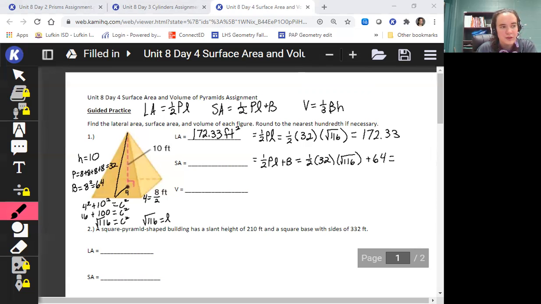And again, we're rounding to the nearest hundredths place, so that gets us 236.33 feet squared.